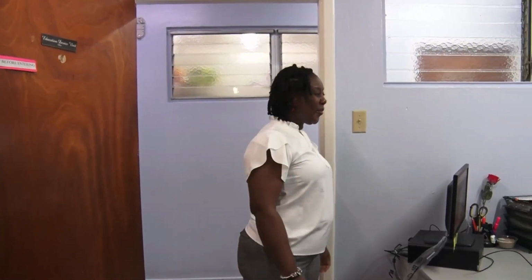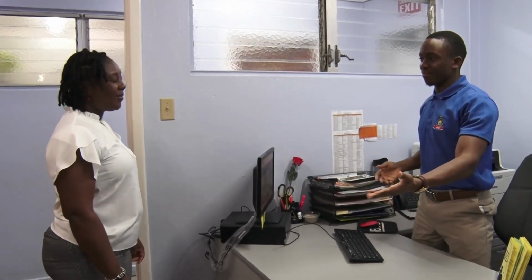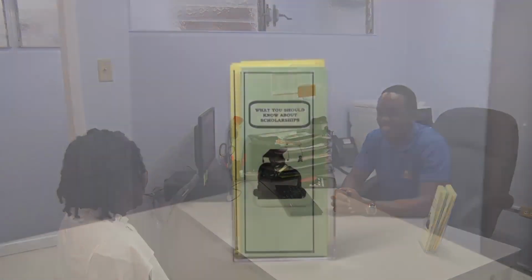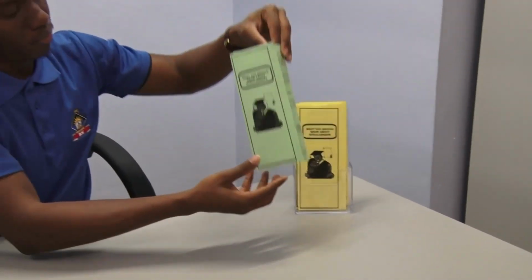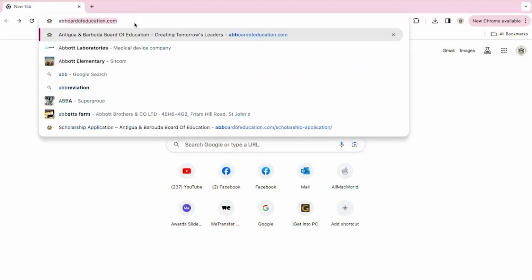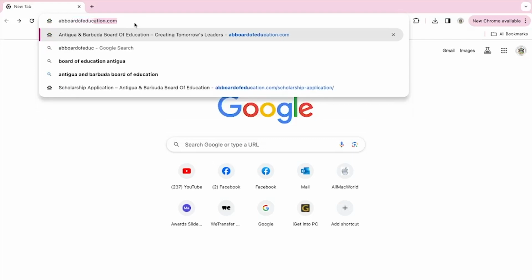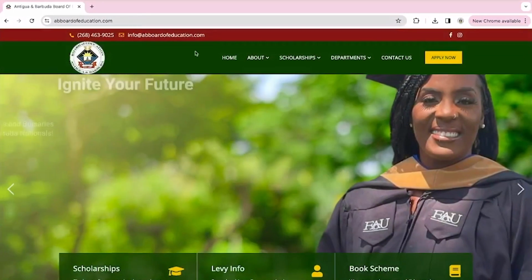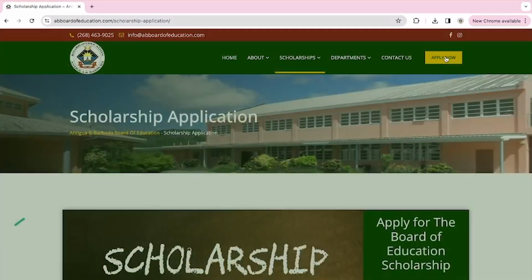The Board of Education is responsible for the funding of scholarships, awards, and bursaries within Antigua and Barbuda. In keeping with our mandate, interested individuals who are citizens or nationals of Antigua and Barbuda are invited to apply. Application forms are available online at www.abboardofeducation.com and should be completed and submitted on or before the last working day in April of each year.